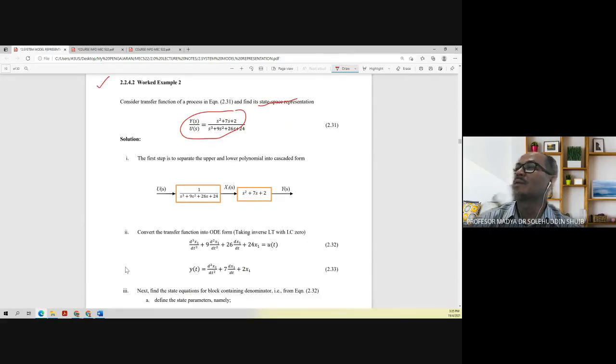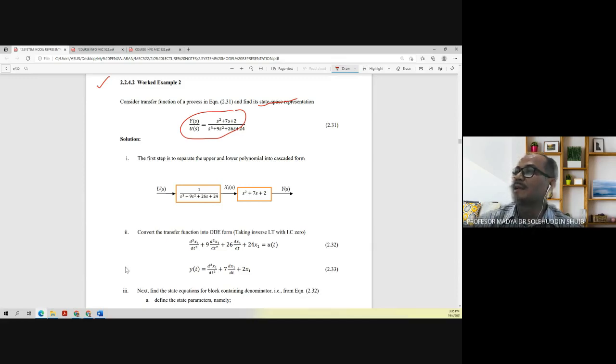First step, we separate the upper and lower polynomial into cascaded form. So Y output divided by input is as follows: the numerator is s squared plus 7s plus 2, and the denominator is s cubed plus 9s squared plus 26s plus 24.